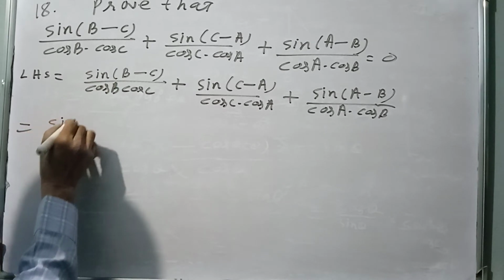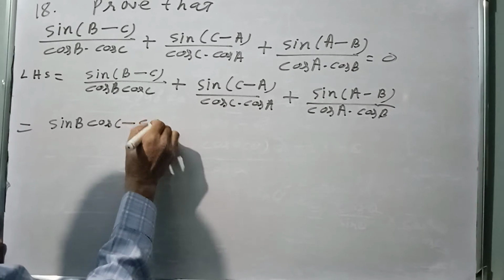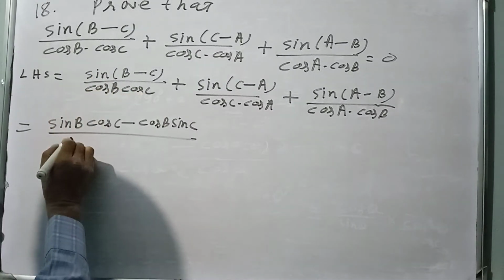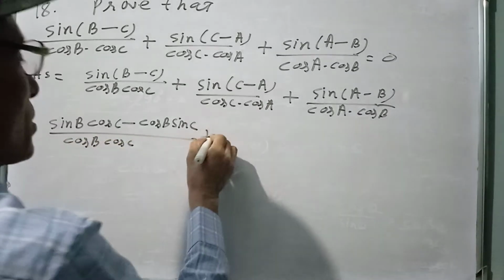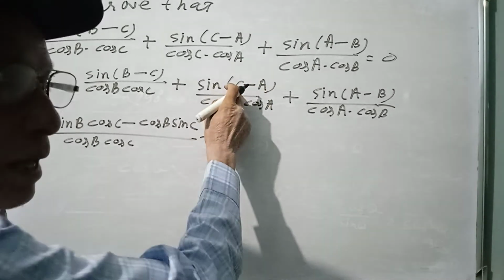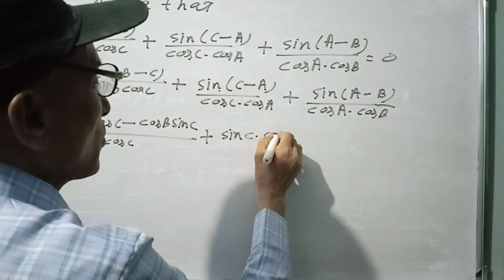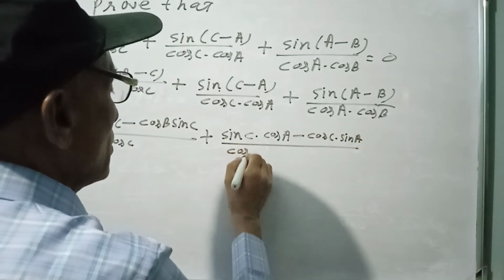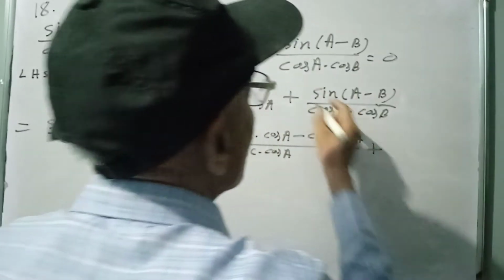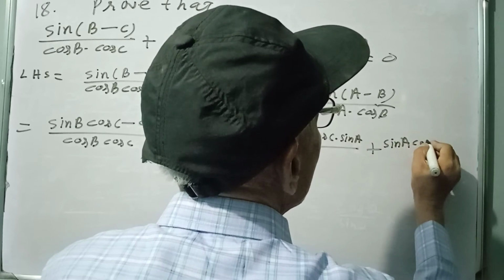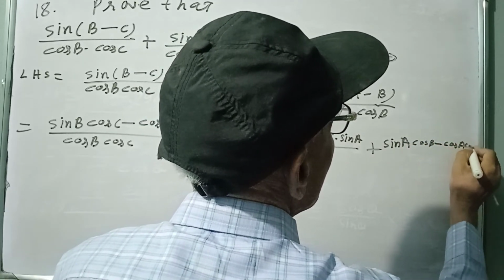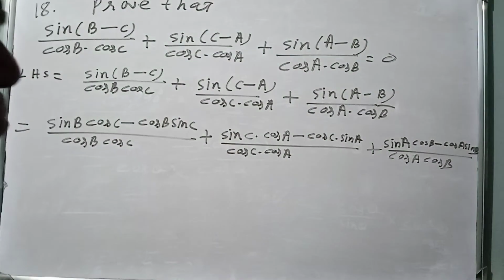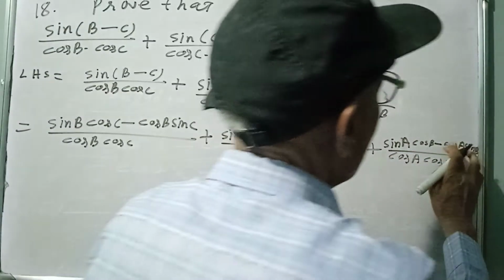Sin(B minus C) is sin B cos C minus cos B sin C. Just like sin(A minus B), because it is sin A cos B minus cos A sin B. Same for cos B cos C plus sin(C minus A): sin C cos A minus cos C sin A upon cos C cos A plus sin(A minus B), sin A cos B minus cos A sin B upon cos A cos B. Here please you have to see properly: sin A cos B minus cos A sin B.